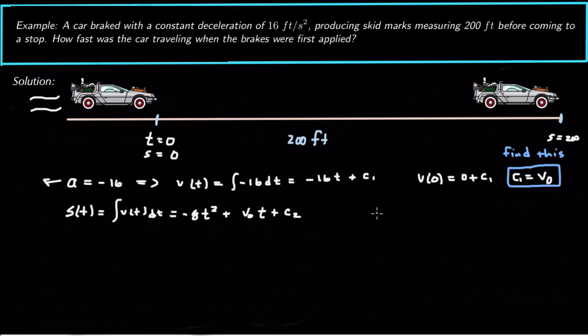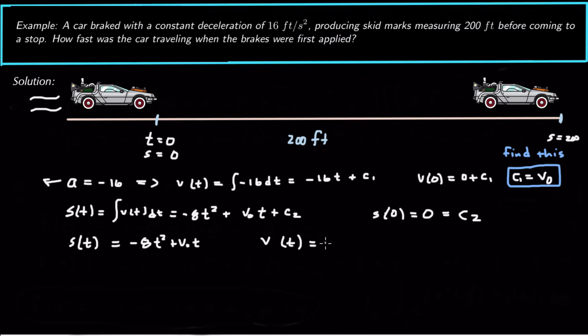Now s of 0 is just 0, because that's where we start pressing the brakes, so we called that point 0. So s of 0 equals 0, and that's going to be c2 when I plug in t equals 0. So c2 is actually 0. s of t is then just negative 8t squared plus v0t. Okay, so now we've got our velocity and our position.